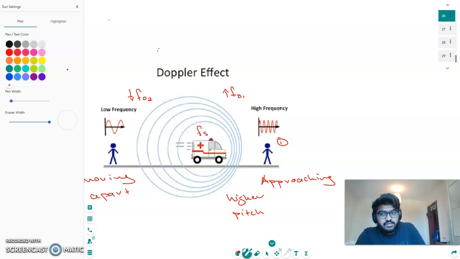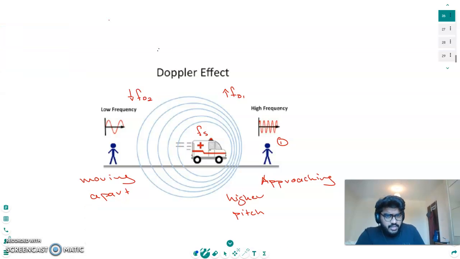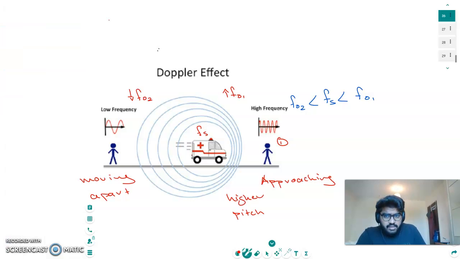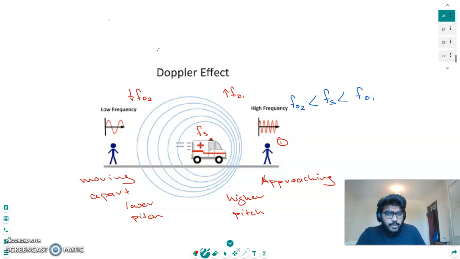So when you look at this, you see that in actuality, the frequency of the source is the same and has always been the same, but this is smaller than the frequency that is observed by observer 1, but it's bigger than the frequency that is observed by observer 2. So this means that for observer 2, they observe a lower pitch.